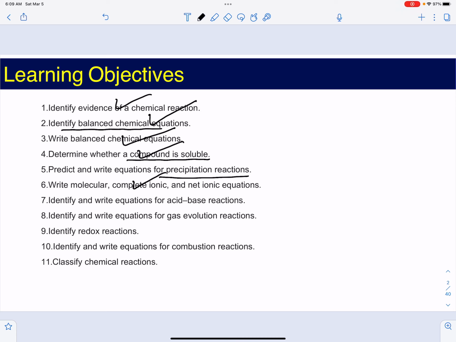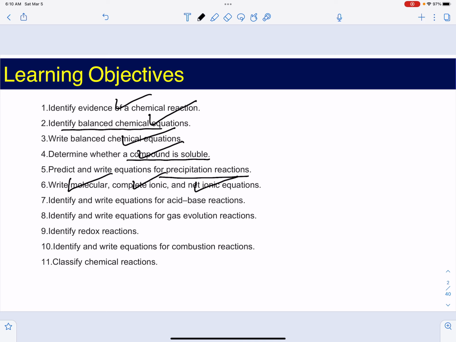So you're gonna be doing backwards what you learned how to do when you were making formulas. And from there, we're gonna be able to get the net ionic equation, which tells us the true story of the reaction, what's really happening. And then we can write the complete molecular chemical equation, which describes everything.